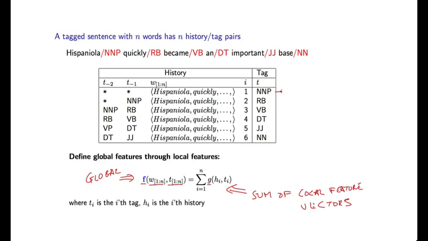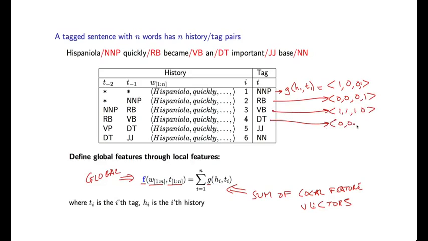So, for example, if we take each of these history tag pairs, so g of h1, t1, let's say this has a feature vector equal to this, and then this one might have 0, 0, 0, 1, and then we have 1, 1, 1, 0, 0, 0, 0, 1, 1, 0, 0, 0, 1, 1, 1, 1.